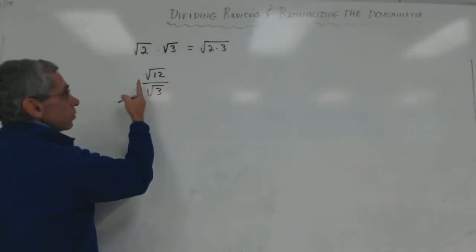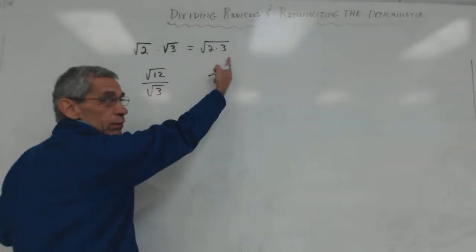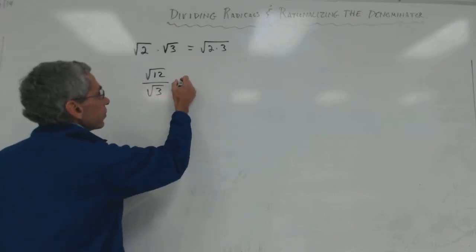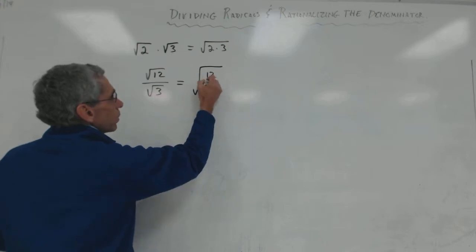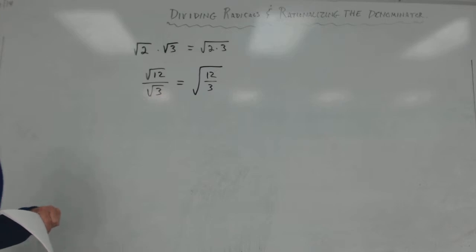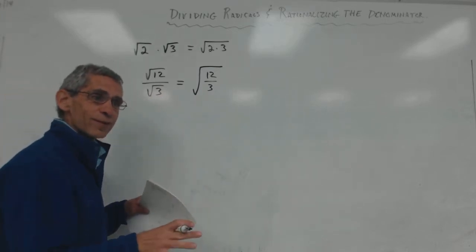So just like we did up here, we were able to put them under the same square root sign. Let's put it under one big long square root sign, and we have 12 over 3. Suddenly this looks easier, right? The nightmare became just a mild disturbance in the force.